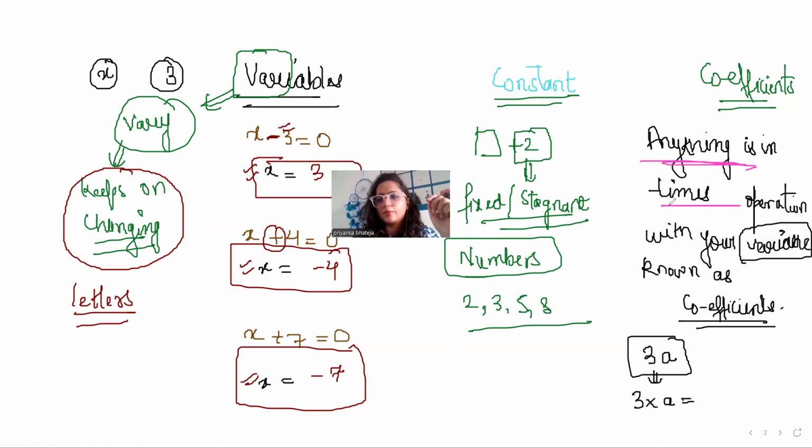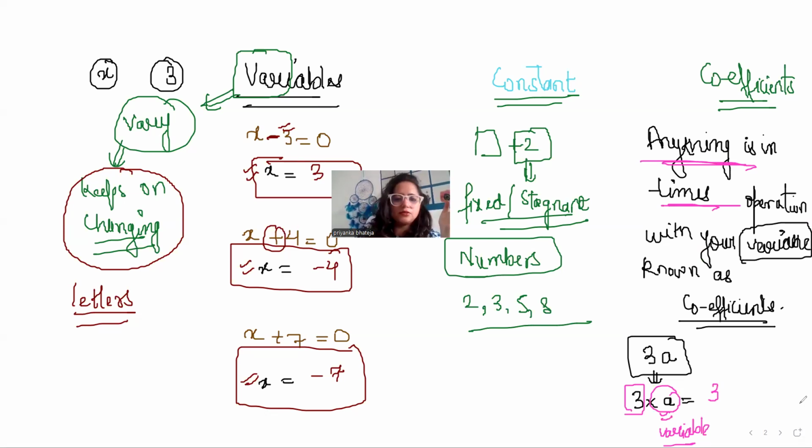Anything in a times operation with my variable. This is my variable, and what is in a times operation with it? 3. So that means 3 is my coefficient. Understood? Whatever is in a times operation with your variable, you just need to skip that variable, and whatever you see except that variable is your coefficient.